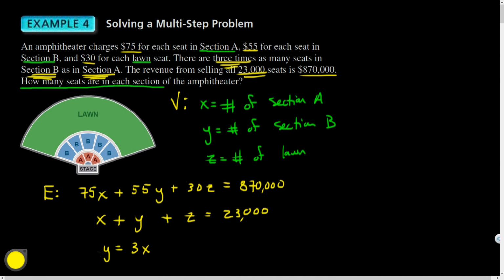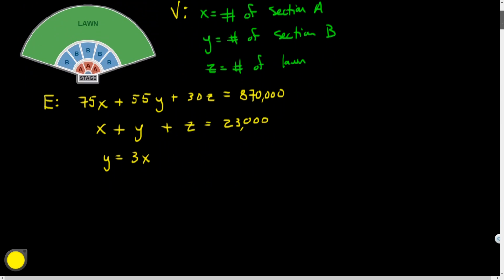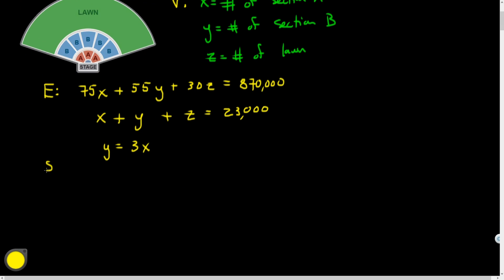It's easy to write the 3 on the wrong side. One way to think about it is which one of these values, Y or X, has got to be the larger one. Y was the larger one because it has 3 times as many seats, and therefore I would need to triple the number of x in order to get that to equal y. All right, and so always kind of run your logic back through in order to do that.